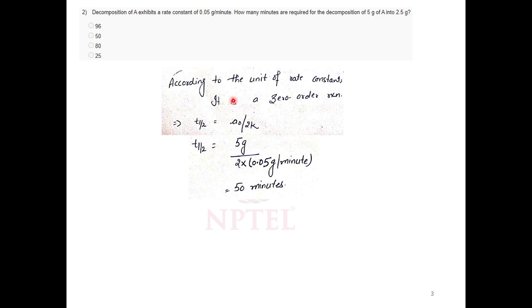So there is a plot between concentration versus time, equal to mx plus c, where m is the slope, which is minus k, because with time your reactant is consumed and decreasing. So you get a negative slope value, which signifies that with time the concentration is decreasing.